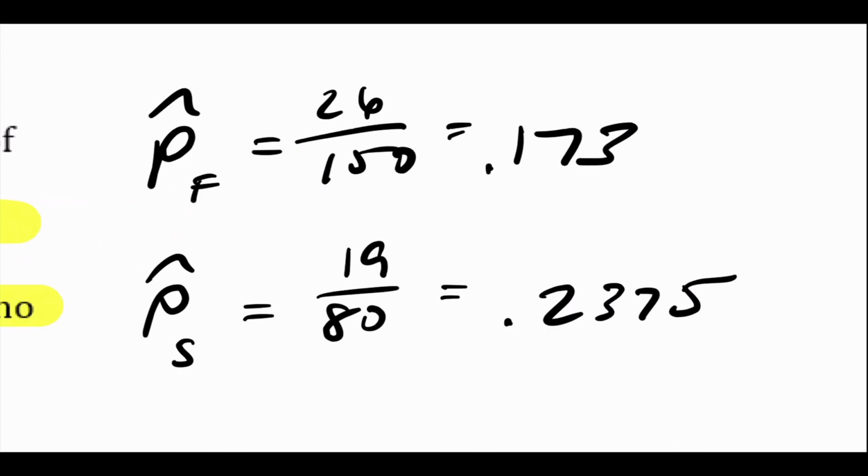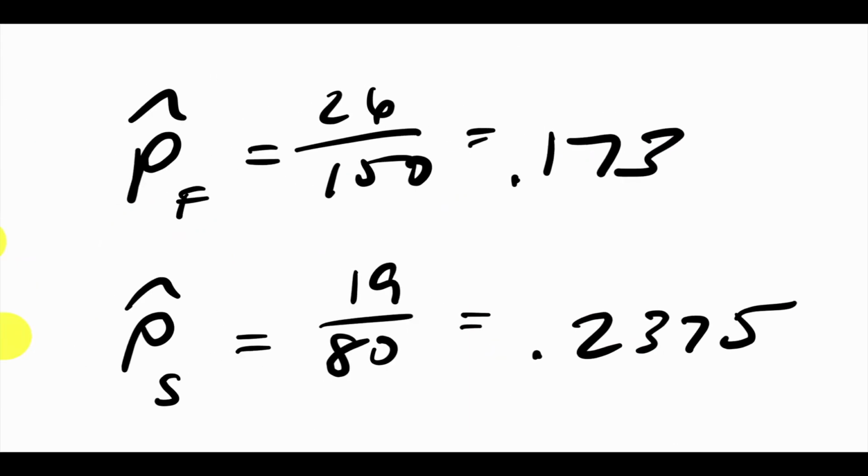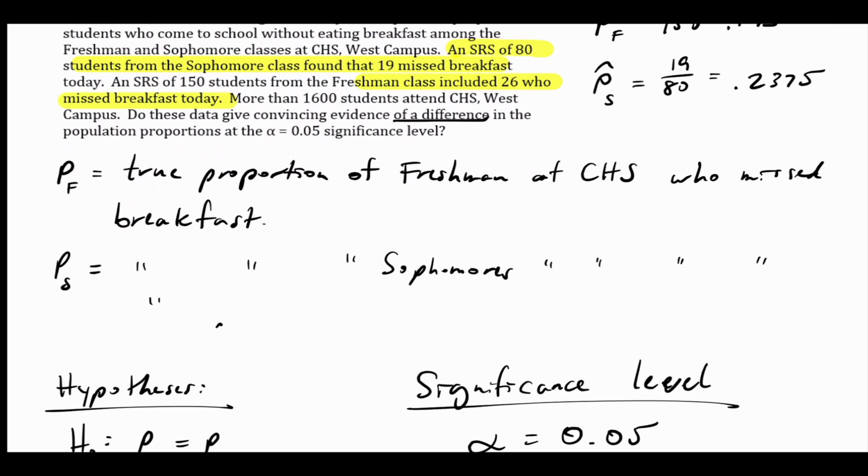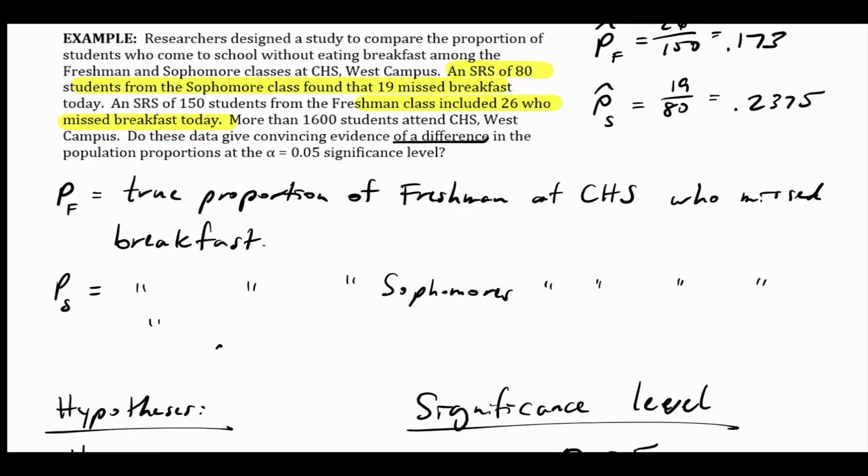Even though those are different, you had a higher proportion of sophomores who miss lunch than freshmen. But that's just the sample. There wasn't a big enough difference in the sample to allow me to say it for all freshmen and sophomores. Okay. That's what a test does. Same as last chapter.